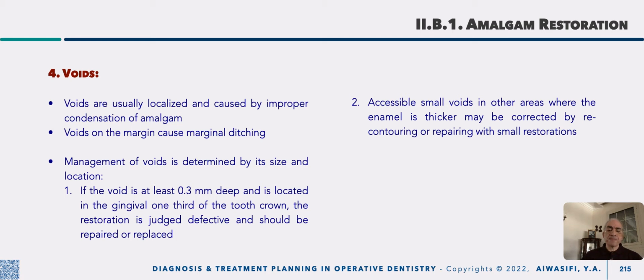For me, if the voids appear as surface irregularities at the occlusal surface, I will try to finish and polish my amalgam, inspect the result, and re-examine my amalgam restoration.